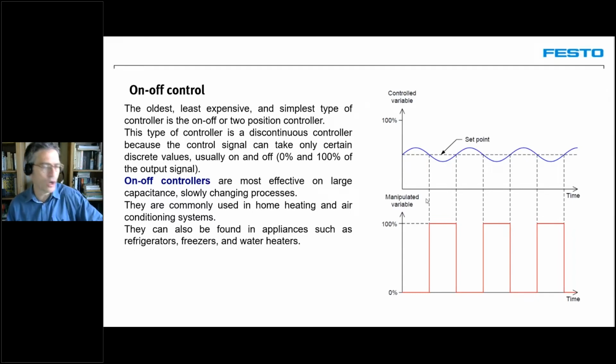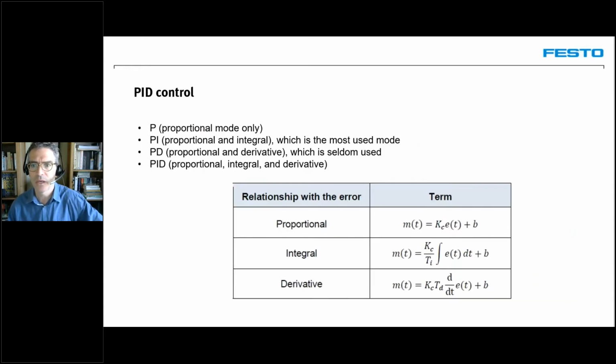We just turn the heating elements in the house full on or full off to keep the temperature constant. So the temperature basically constantly oscillates between an upper value and a lower value. So these are on-off controllers. We won't do an example of on-off control today. We want to concentrate on proportional PID control, which is presented here.